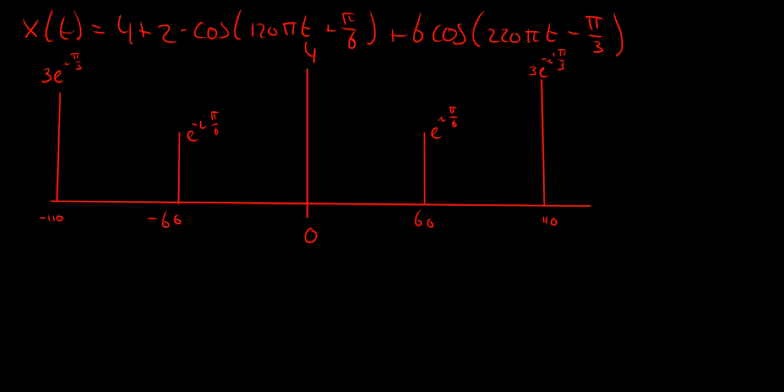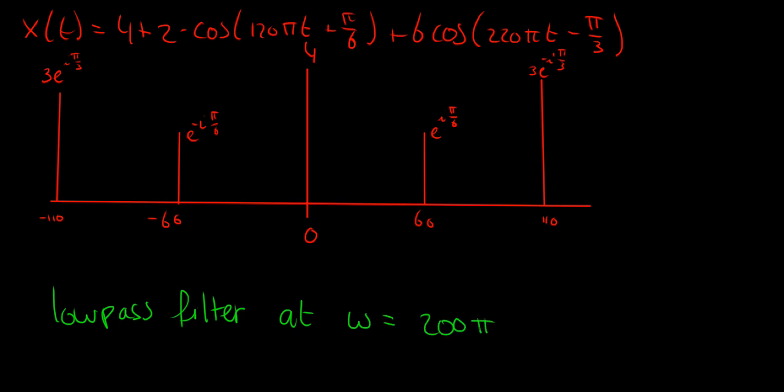If you're wondering how we get to these frequency values, I advise you to look at one of the earlier videos where we look at Fourier analysis and synthesis, writing a function from the time domain to the frequency domain. Now let's say we apply a low pass filter to this. The low pass filter we're going to create at an omega of 200 pi. Any frequency above this is cut off.